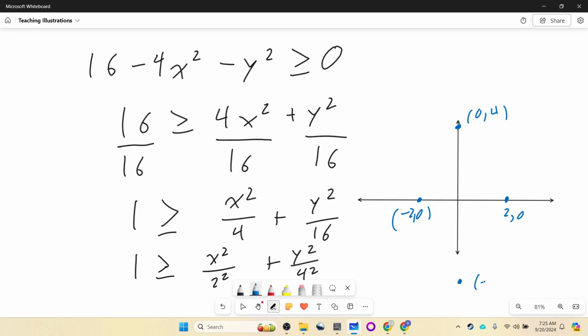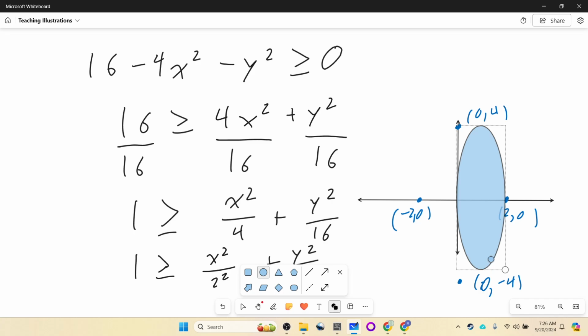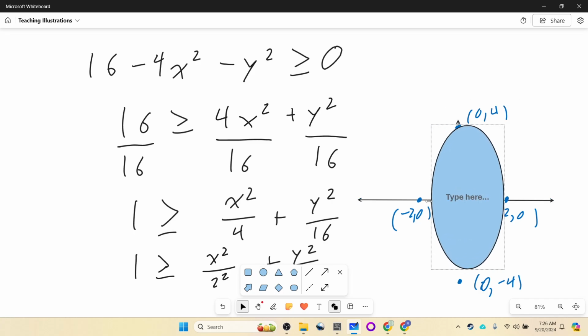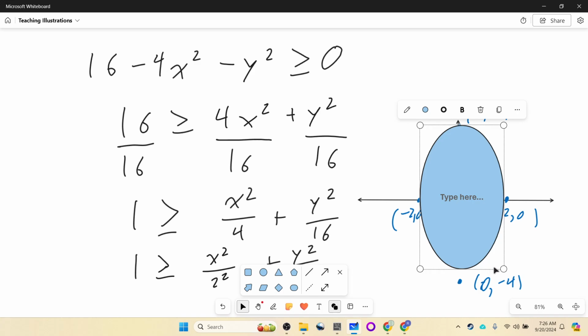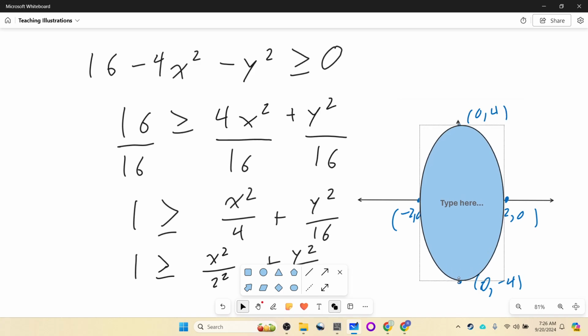Went a little off my axes. Can I make this a little wider? Oh, how about that? There we go, that's our ellipse.